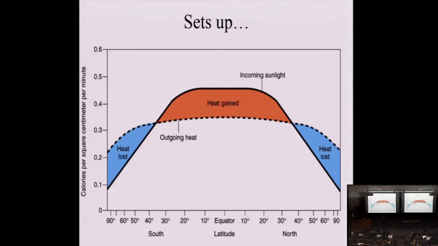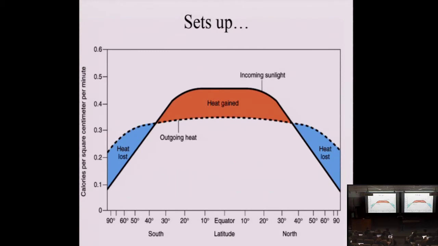So now we see a situation on Earth where heat is being gained all the time. You have 0.4 calories coming in, 0.3 calories leaving. This would be a good situation for, say, your bank account, right?